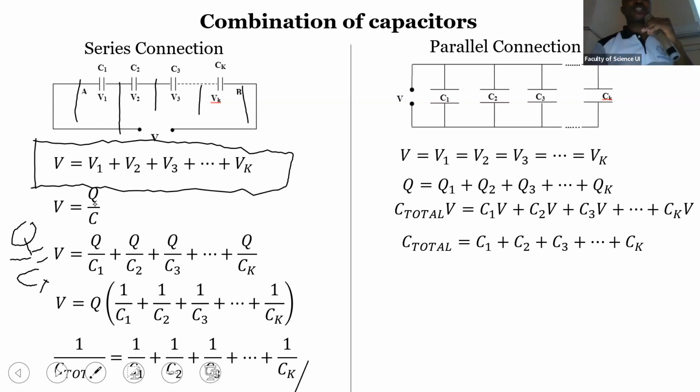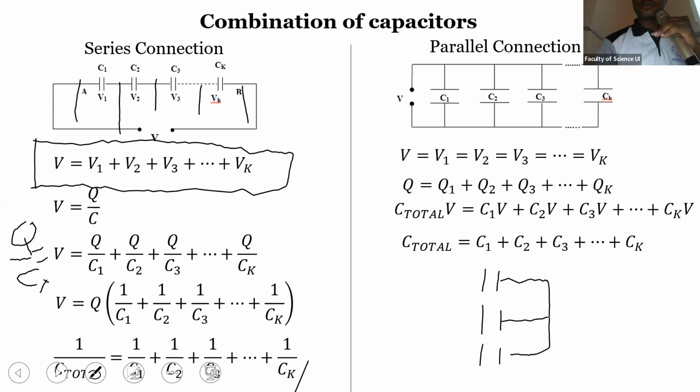Whereas in parallel connection, you have to now imagine this to be turning this way. They are standing that way to conserve space. I should have put them this way.